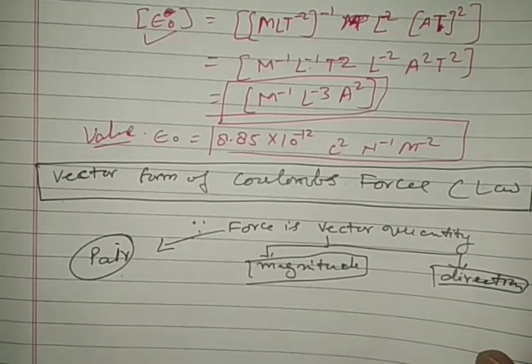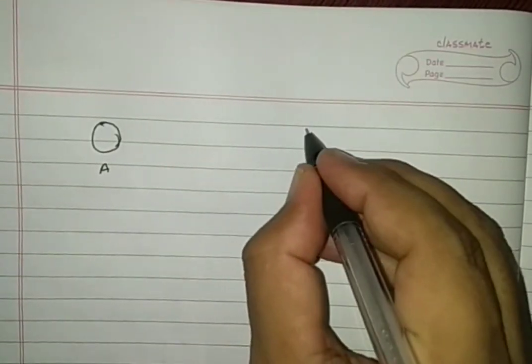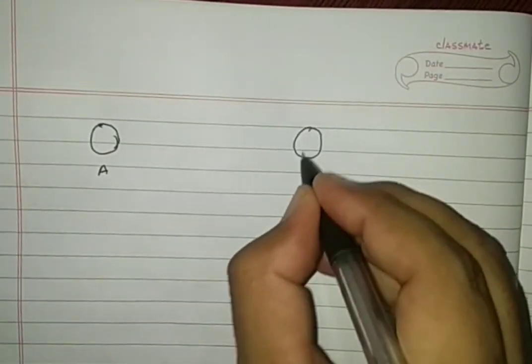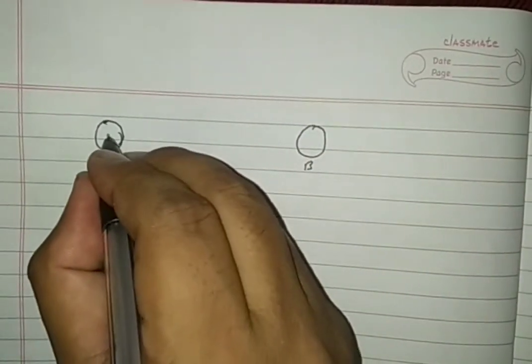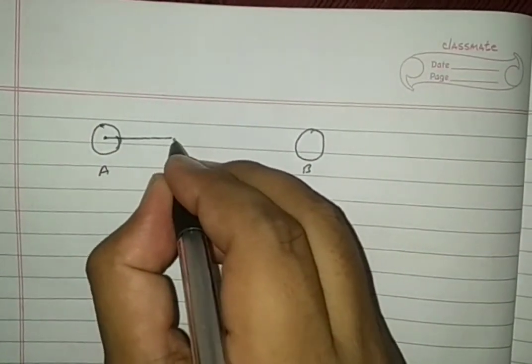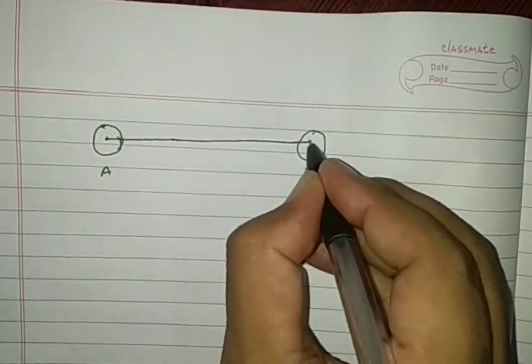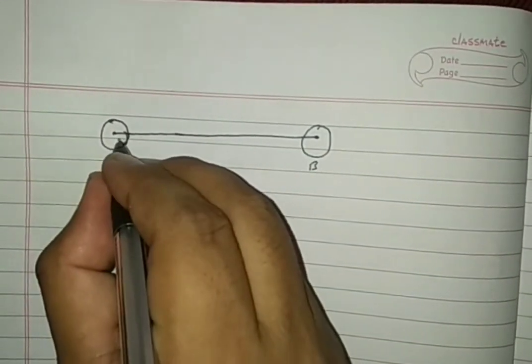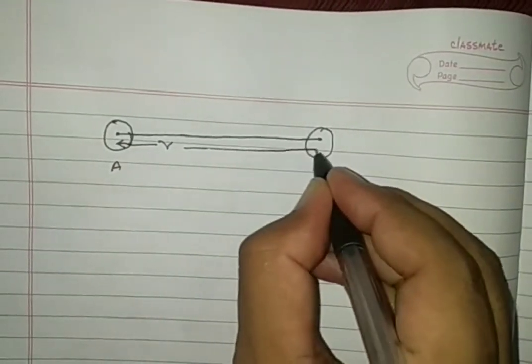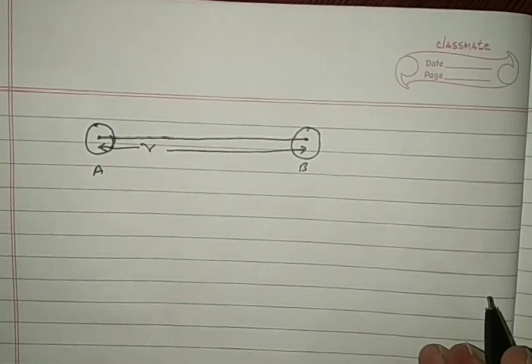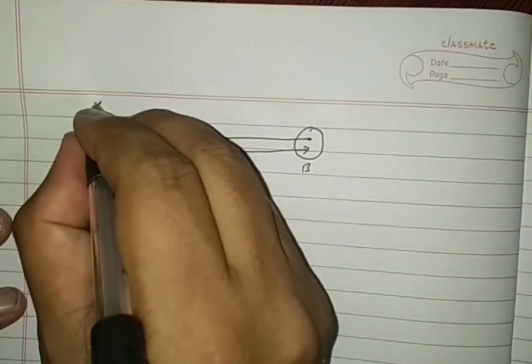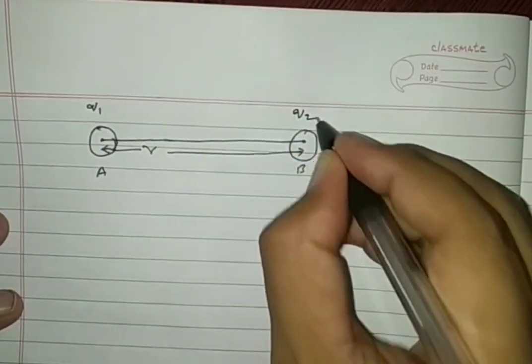To see this carefully, let us see this diagram. In this diagram we have taken two balls A and B, both separated by a finite distance, represented by distance r, having charges q1 and q2.